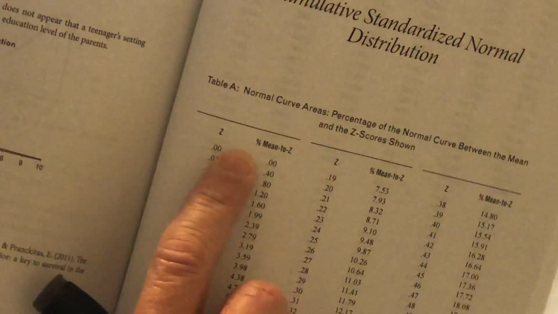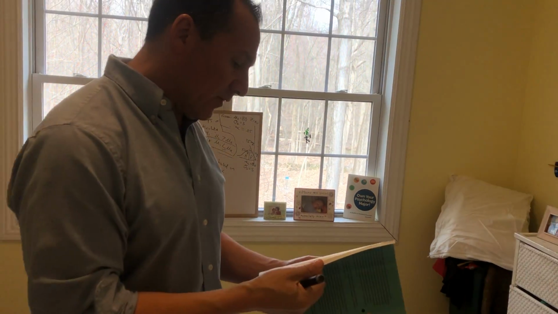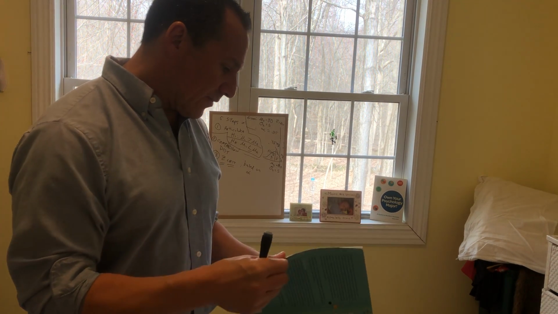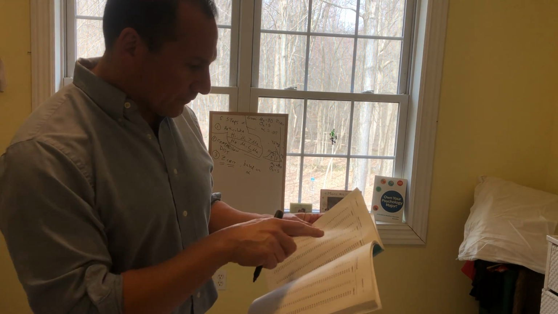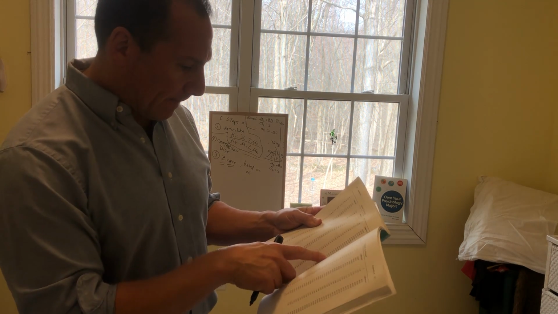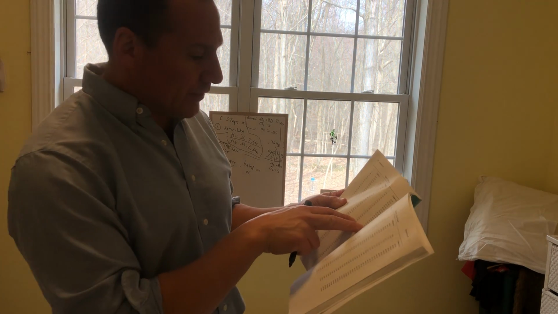It has Z and it has percent mean to Z. We have percent mean to Z right now, which is 45%. So I'm going to look up 45% mean to Z, and I find a weird situation.